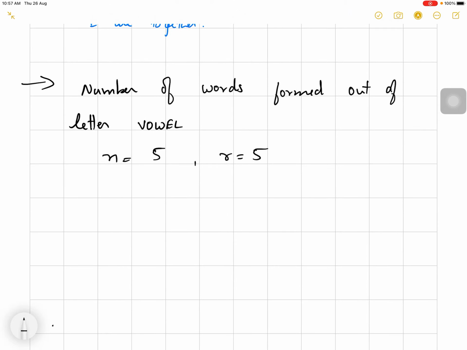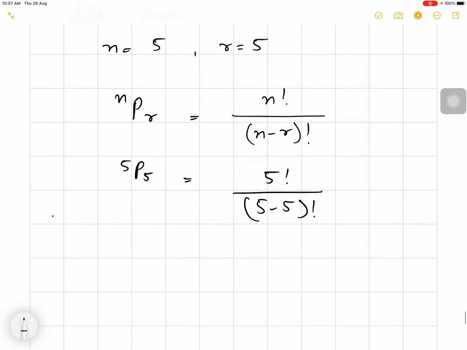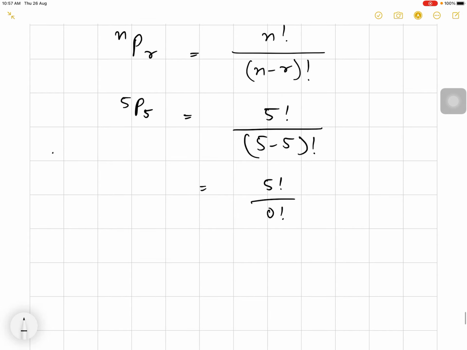So, we'll write the formula once. nPr is equal to n factorial divided by (n minus r) factorial. So, 5P5 is equal to 5 factorial divided by (5 minus 5) factorial. So, 5 factorial divided by 0 factorial. 0 factorial is equal to 1, right?